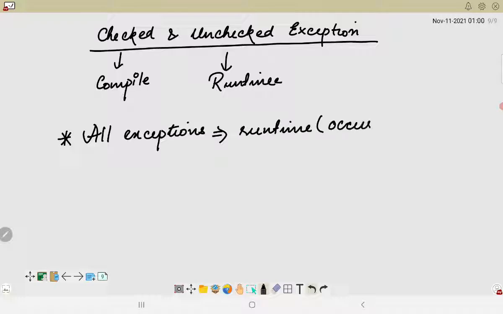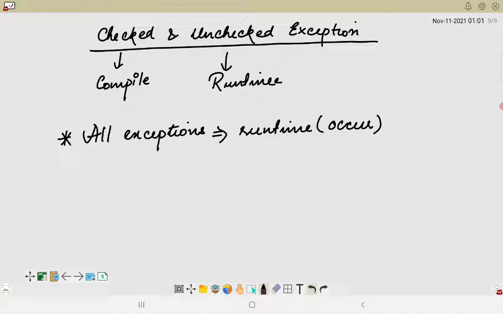The occurrence of these exceptions is at runtime only, not at compile time. At compile time, it is just giving us a check, or a direction, that there might be an error or an exception in your program.